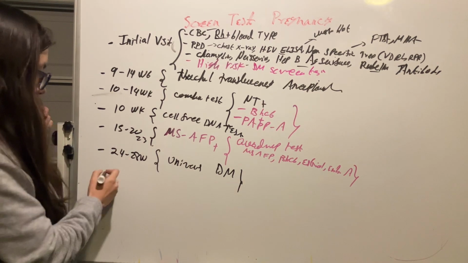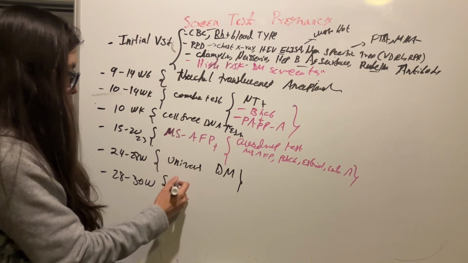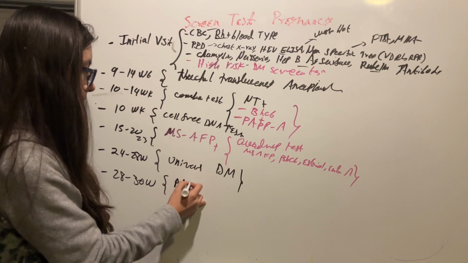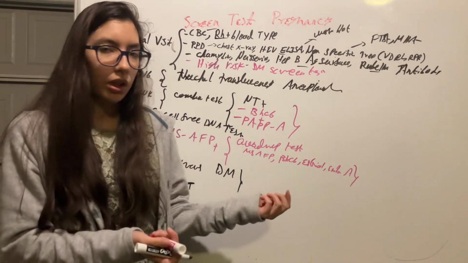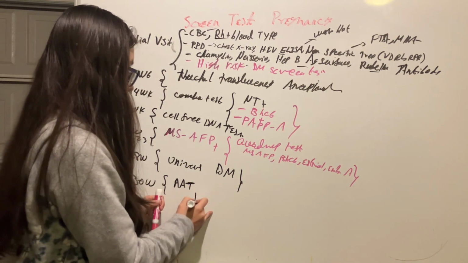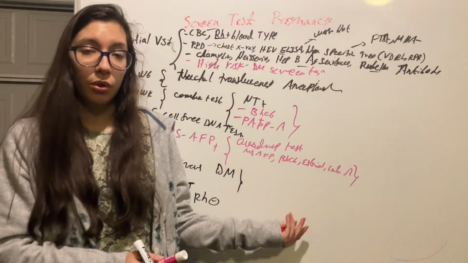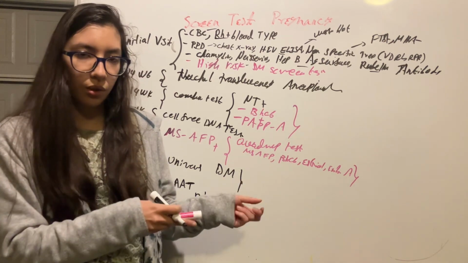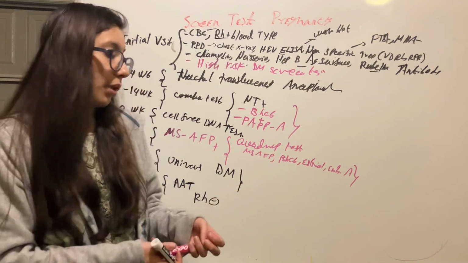Then at 28 to 30 weeks gestation, we order the atypical antibody test, which is only done if the patient is Rh negative. If the patient is Rh negative and she had, for example, a previous baby, we want to know if this patient is sensitized with the positive Rh antigen of the baby.